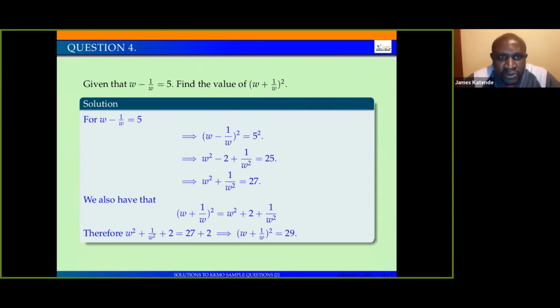So this last question says, given that W minus 1 over W is equal to 5, find the value of W plus 1 over W, brackets, squared.